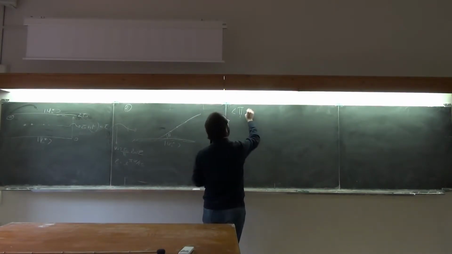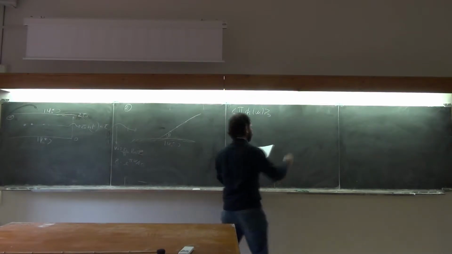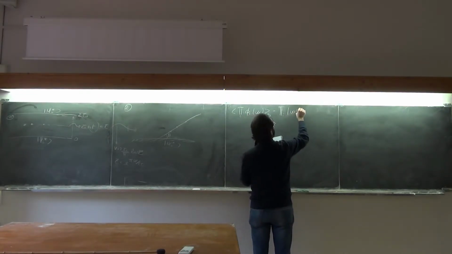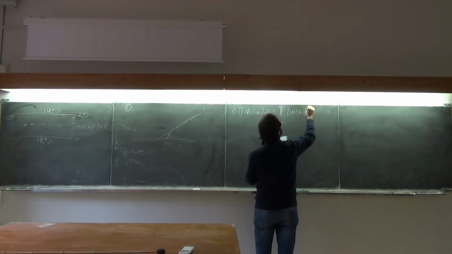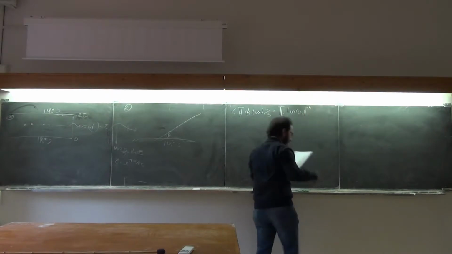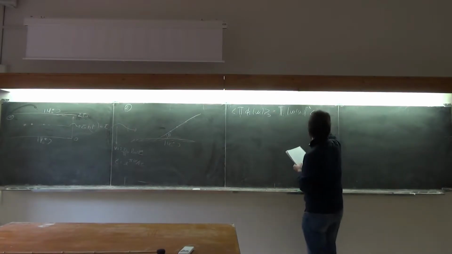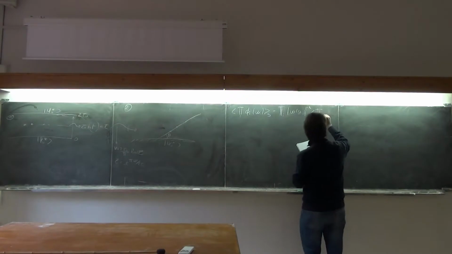The product of a given number of primary fields phi_i at w_i on the strip is equal to the scaling factor of each point, that is the absolute value of the derivative of the transformation to the minus x_i, where x is the dimension of the field, times the correlation function of the upper half plane.